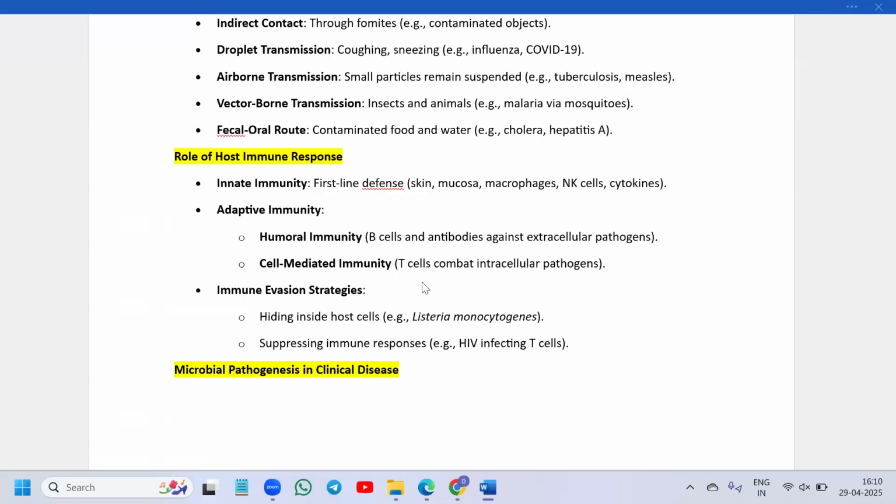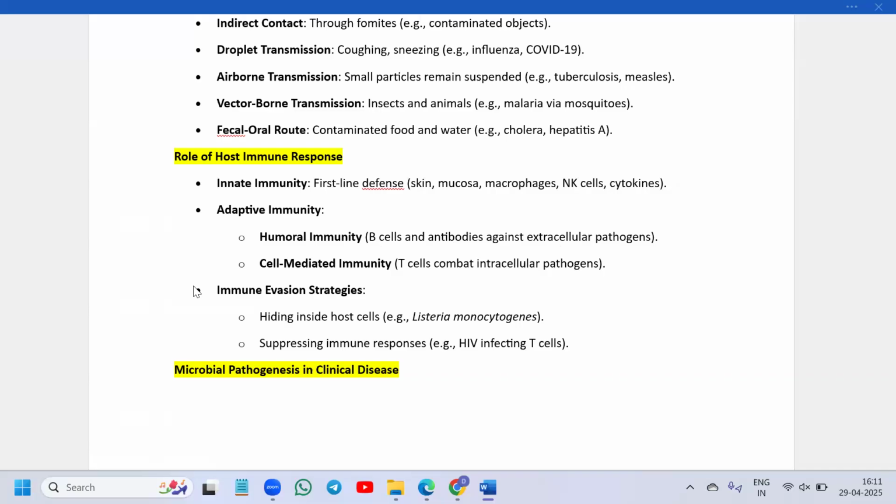Cell mediated means T cells combat intracellular pathogens. Humoral immunity means B cells and the plasma cells are going to produce antibodies. Those antibodies are going to be produced against particular antigens or the particular bacteria, and thereby it is producing immunity. That is humoral immunity. Cell mediated means the T cells. You have the cytotoxic T cells, T helper cells that are going to kill your pathogens.